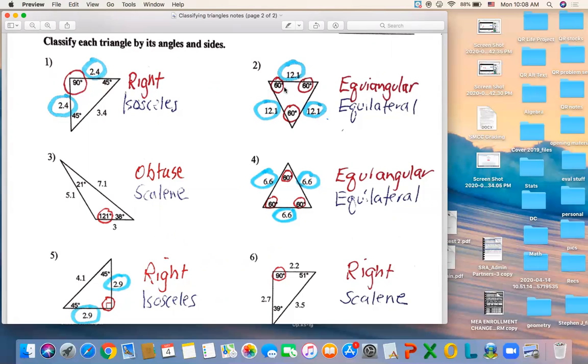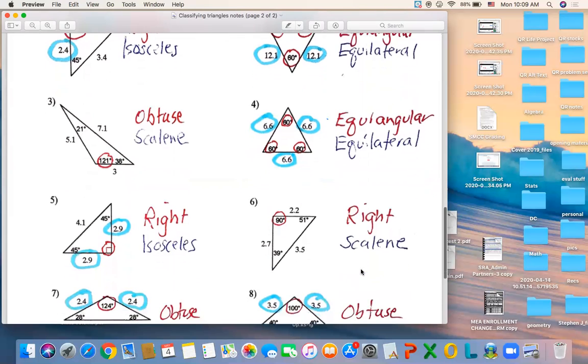All 60. This one is not acute. They're all the same, so we call it equiangular. One larger than 90, 121. It would be obtuse. Again, equiangular here. This little box means it's 90 degrees, or a right triangle. And again, a right triangle.